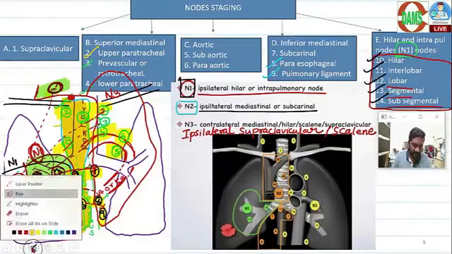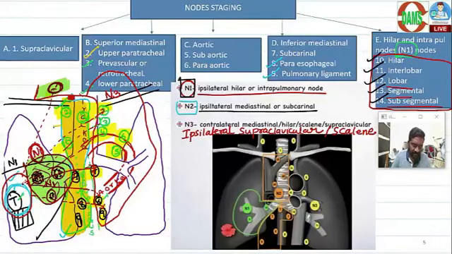Because subcarinal lymph nodes are very well identified on a CT scan, that's why I'm telling it separately. So this is called N2.